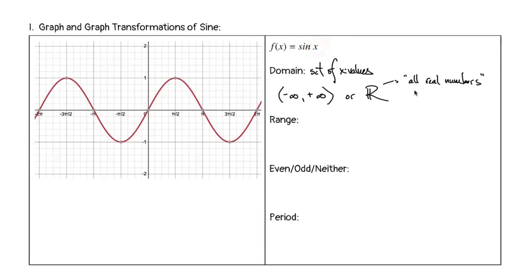And so if we think about the angles on a unit circle, well, we can keep going around that unit circle as many times as we want, right? Nobody says you have to stop after one time around the unit circle. And so because we can keep going around that unit circle forever and ever, that's another way to think about that domain being all real numbers. Okay.